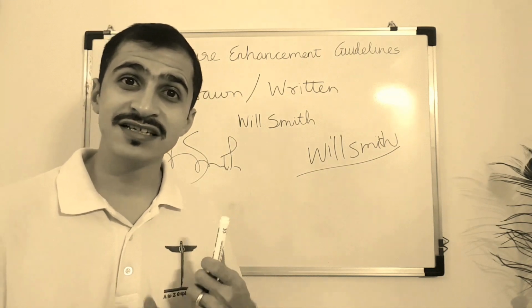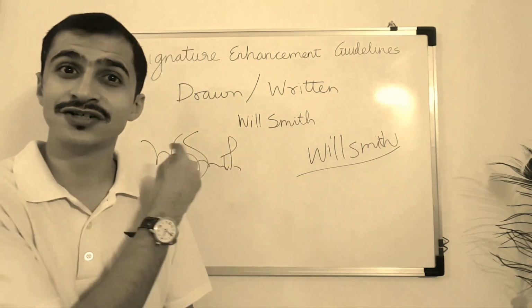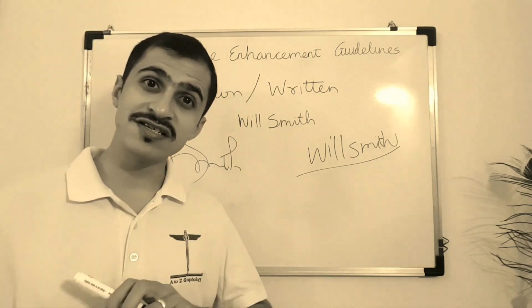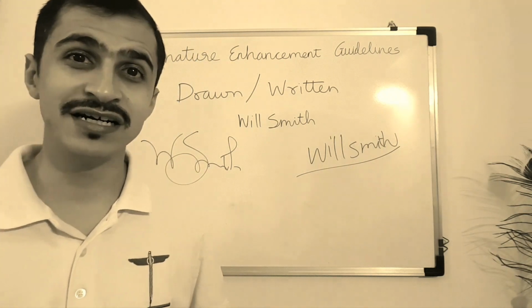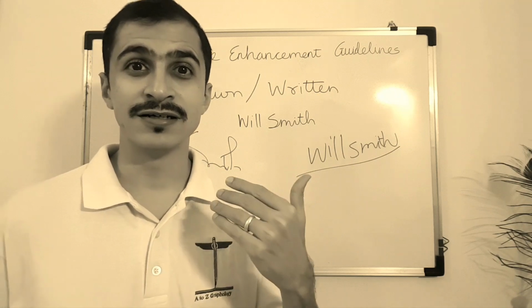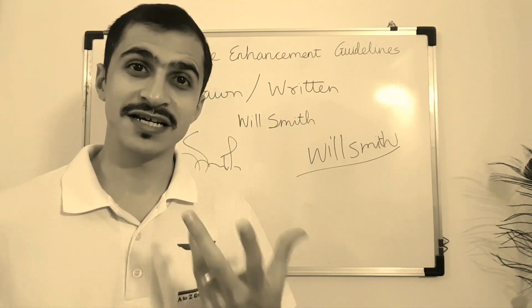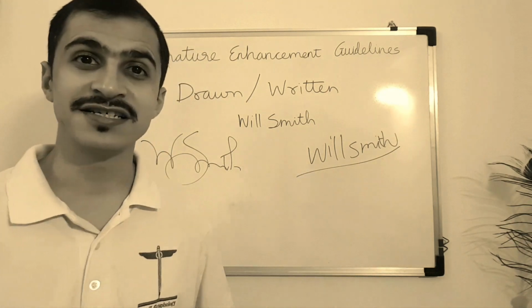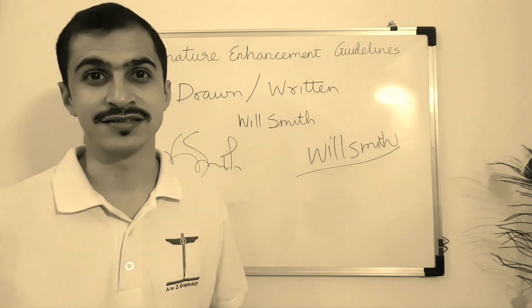You can mask the certain personalities that you don't want to show to public through a drawn signature. So a drawn signature can be used as an autograph, but not really recommended in terms of a document or a property paper or a proper legal paper. So just a recommendation, a written signature is way much stronger than a drawn signature.